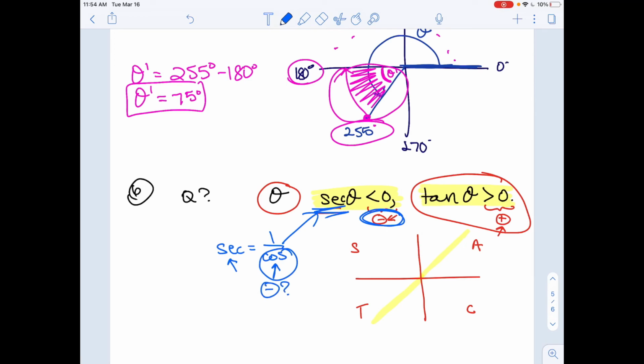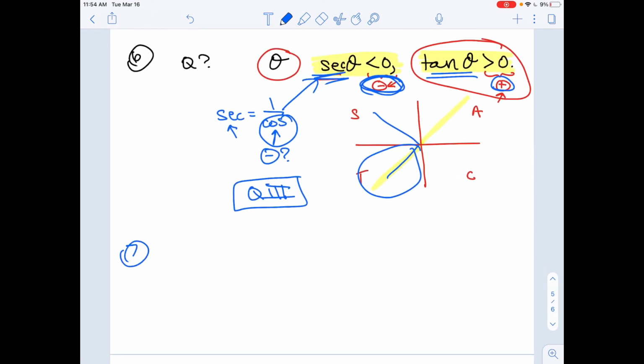Well, I know cosine is going to be positive in the first quadrant, positive in the fourth quadrant, but only sine is positive in the second quadrant, so cosine is going to be negative here and also here in the third. So where do both of our hints that tangent is positive and secant is negative, where do they overlap? We see it right here in quadrant 3. So theta has got to be somewhere in quadrant 3.